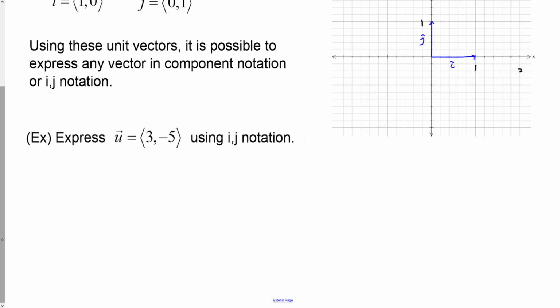So for instance, if I have vector u in component notation, what I can do is take vector u and express it as 3, 0 plus 0, -5. So I can split it up into the x and y components and make it two separate vectors. That's completely fine because when I add these two together, we end up right back to the original vector. Then I can factor out from each one of these the common factor.